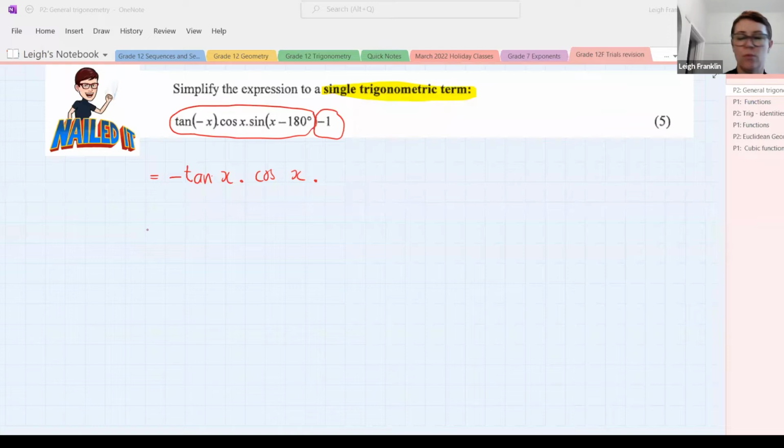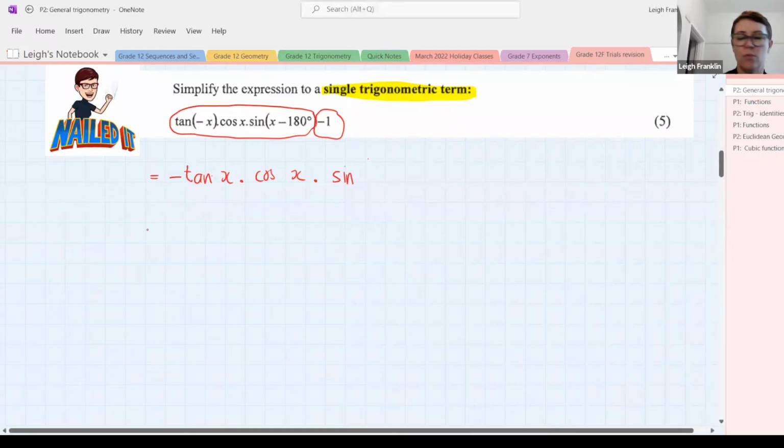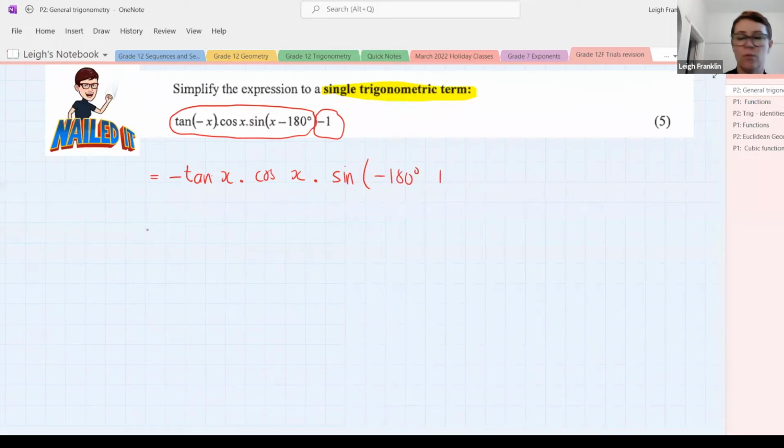Sine x minus 180. What you can do if you want to is write that as sine of minus 180 plus x. So I've switched the order of the terms around. Minus 1. Now in my next line, I'm going to write minus tan x as minus sine x over cos x.